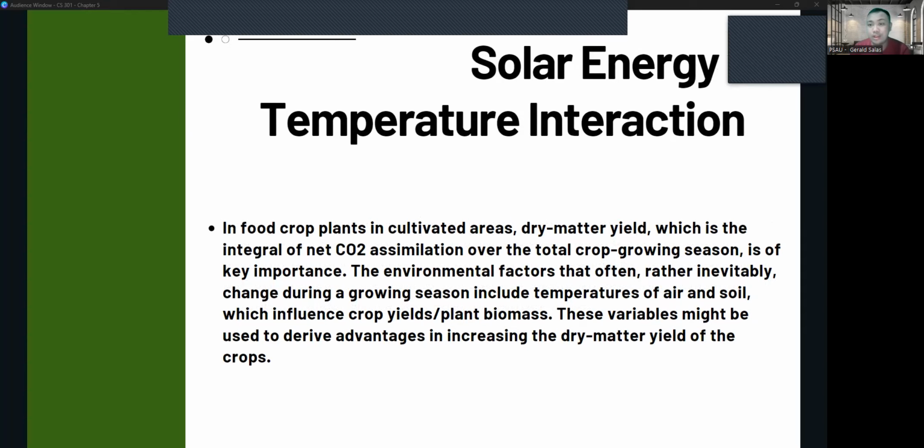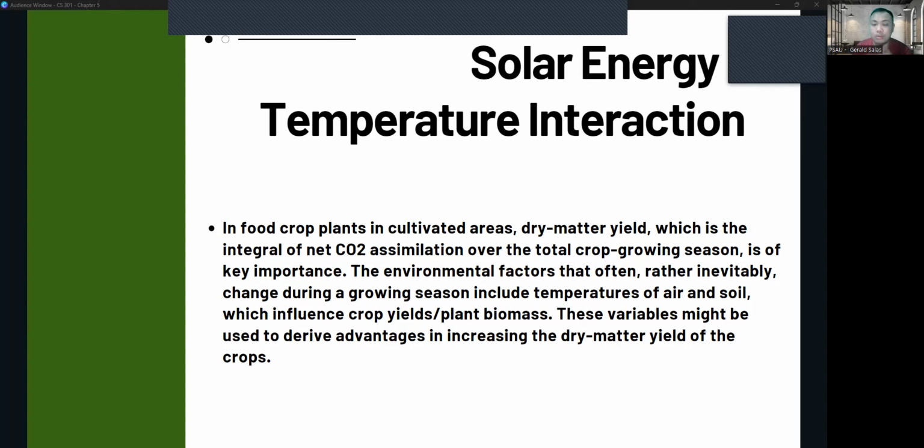Now, for solar energy and temperature interaction, in food crop plants in cultivated areas, dry matter yield, which is the integral of net carbon dioxide assimilation over the total crop growing season, is of a key importance. So the environmental factors that often, rather inevitably change during a growing season include temperatures of air and soil, which influence crop yields, plant biomass.